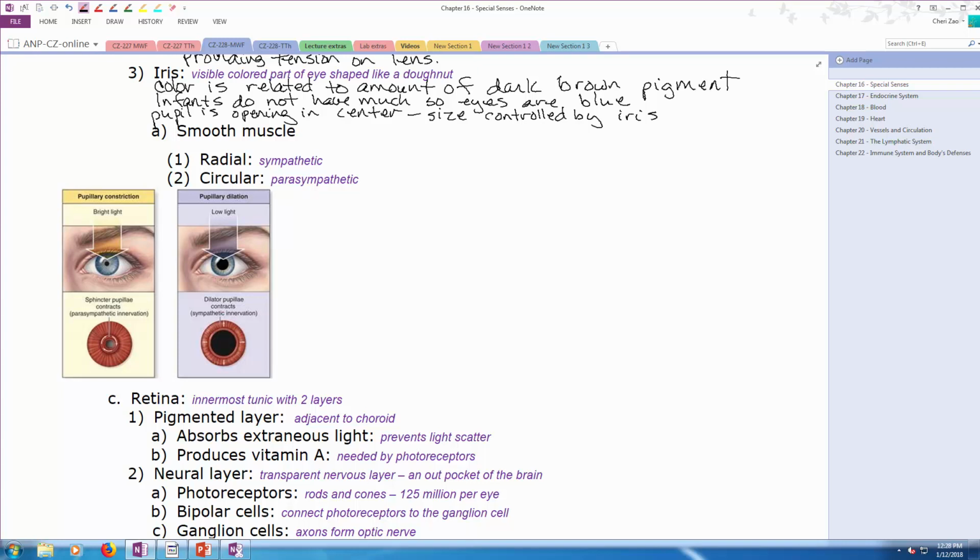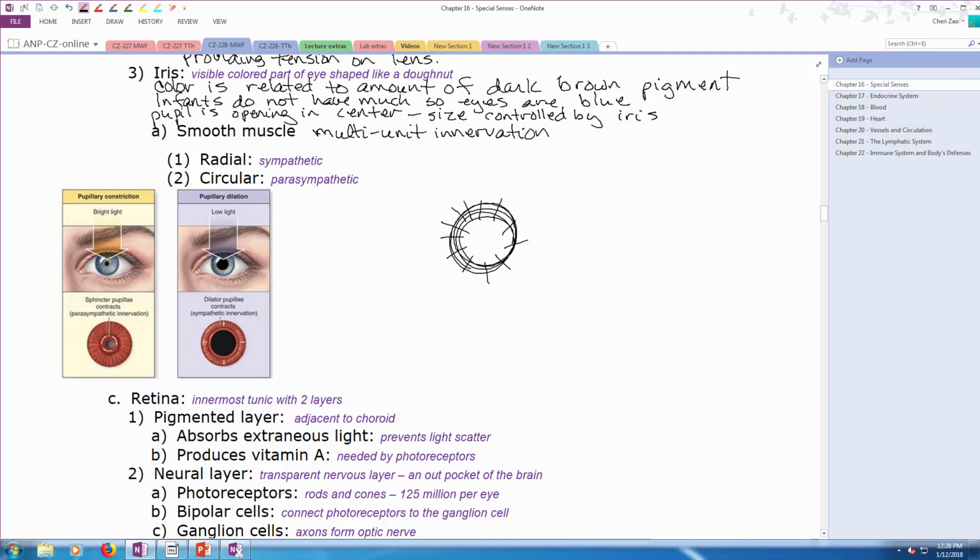It is actually the multi-unit innervation. We have the smooth muscle fibers going in two distinct ways. We have radial ones, and we have circular ones.